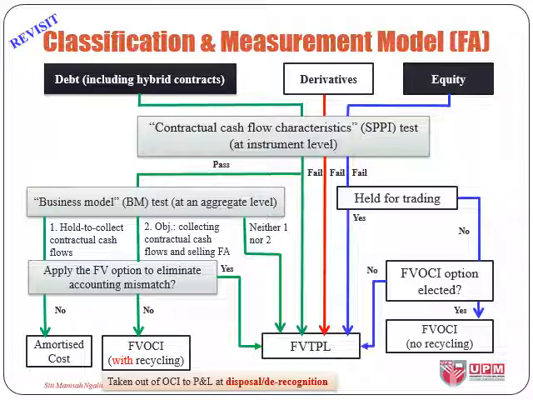For amortized cost, we simply calculate the annual amortization of its cost at a given rate until its maturity. For fair value through OCI and P&L, we need to assess its fair value at every end of the financial year and record the changes, if any, either in fair value reserve, shown in other comprehensive income, or in profit or loss, the income statement, as part of gain or loss on changes in fair value.